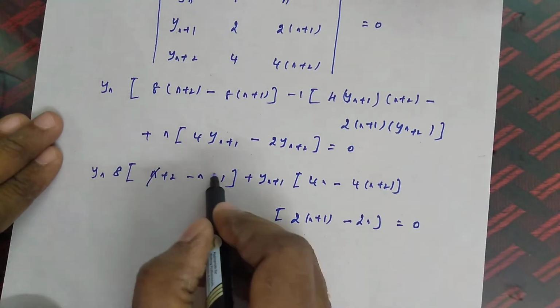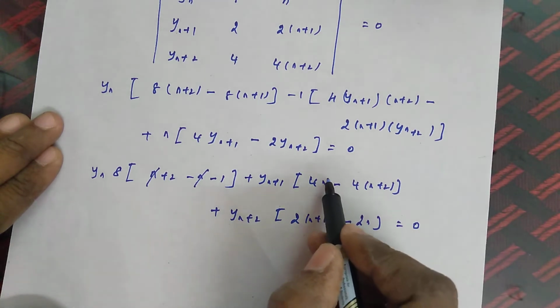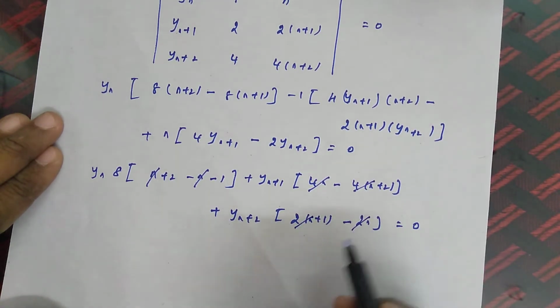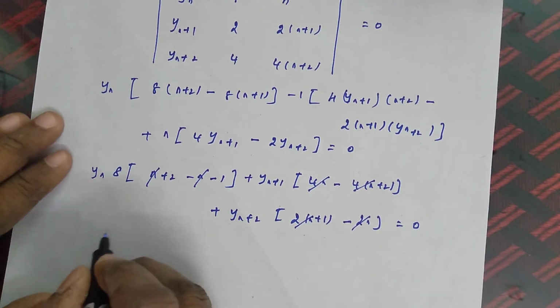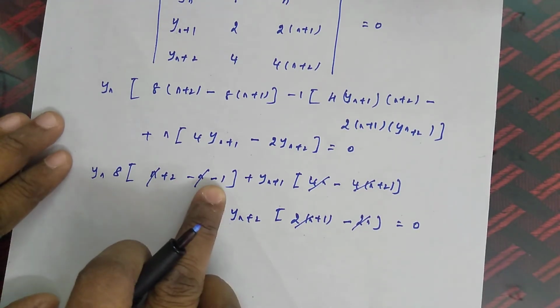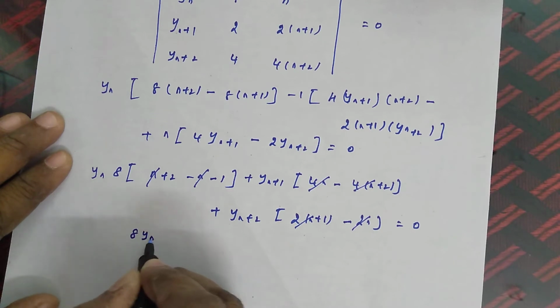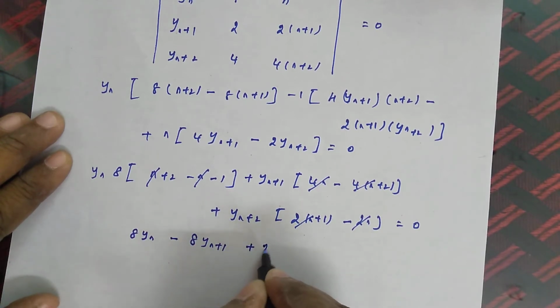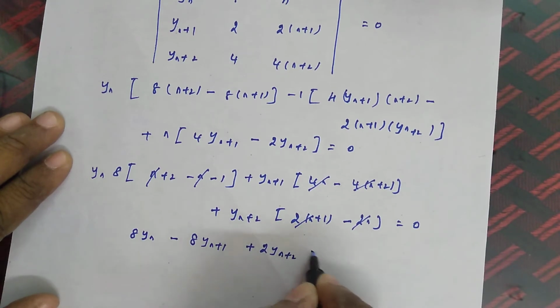So plus n minus n we can cancel, plus 4n minus 4n we can cancel, here 2n minus 2n we can cancel. So write the remaining terms, here 2 minus 1 is 1. So 8yn minus 8yn plus 1 plus 2yn plus 2 equal to 0.